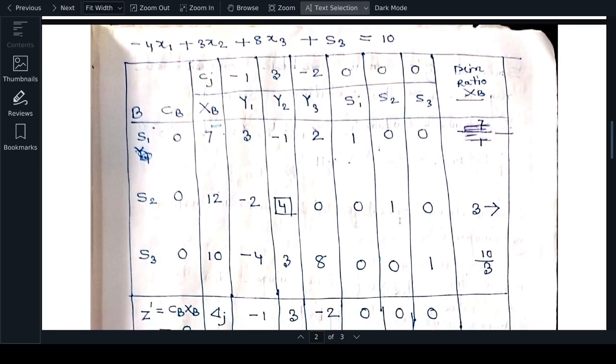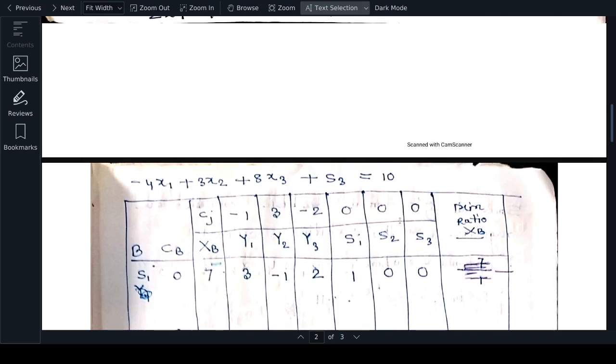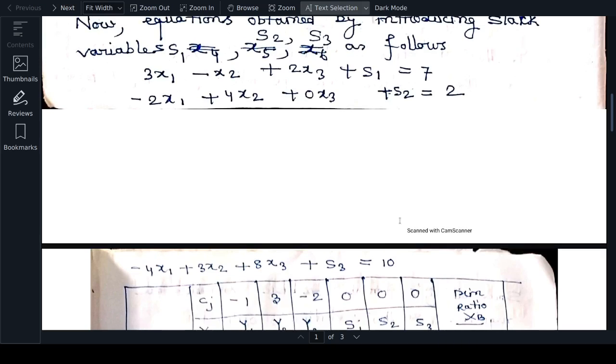Anybody, do you have any doubt why I have written y1, y2, y3? Then you can write x1, x2, x3, no problem. Just remember this indicates all the coefficients of x1. The second column y2 denotes all the coefficients of x2. Y3 is all the coefficients of x3.